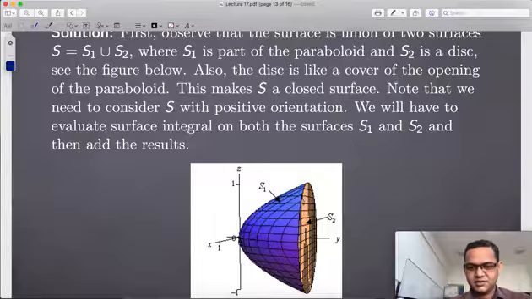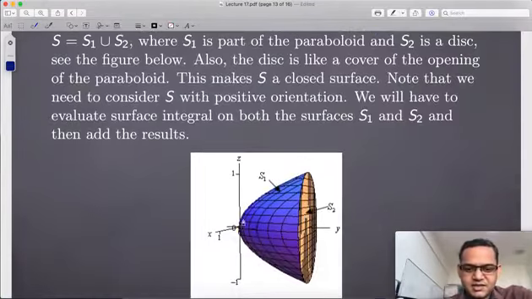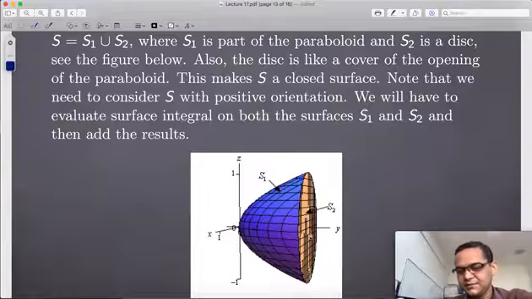You look at this face; this is the disk we are talking about, at y equal to 1. Just stare at this. The surface is basically this whole thing, this paraboloid and then this disk.